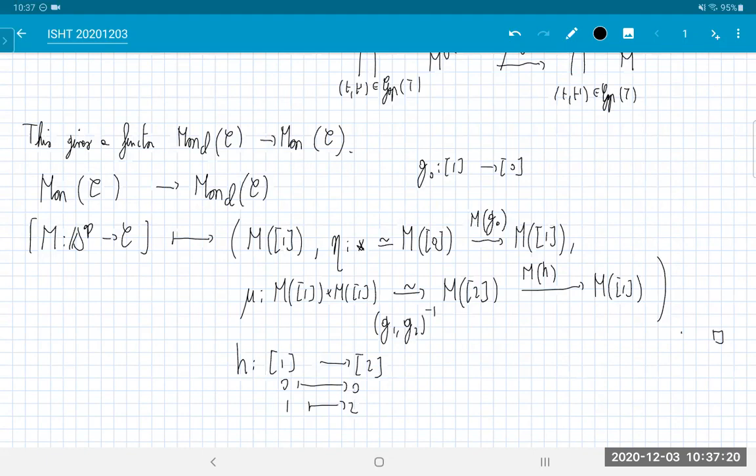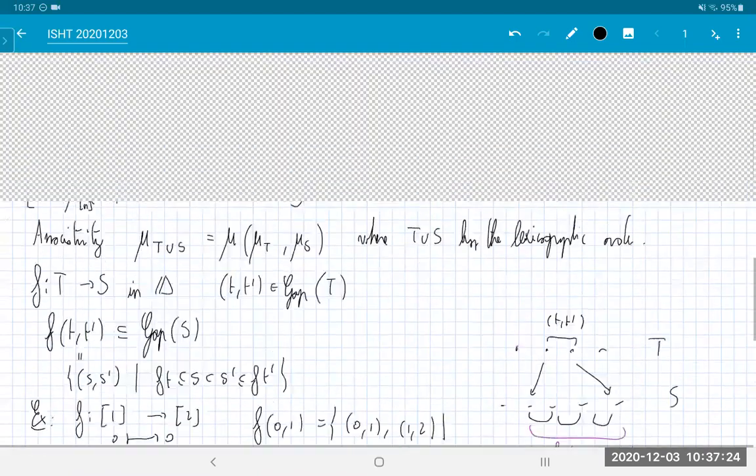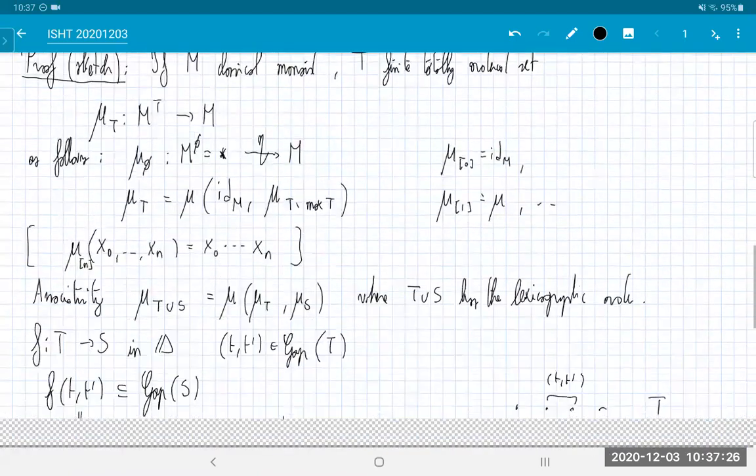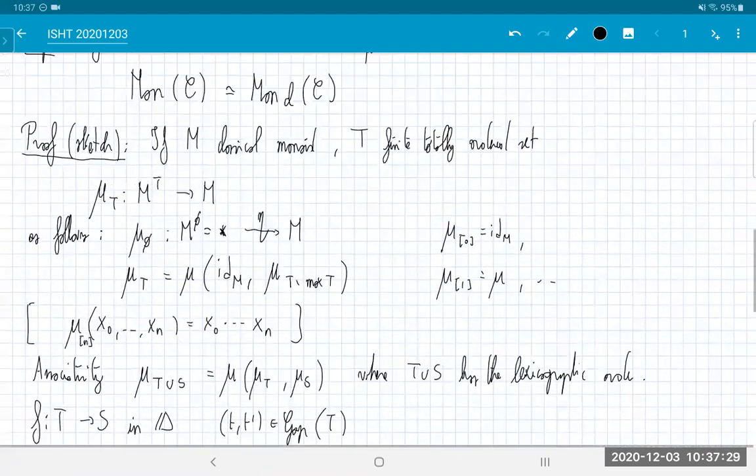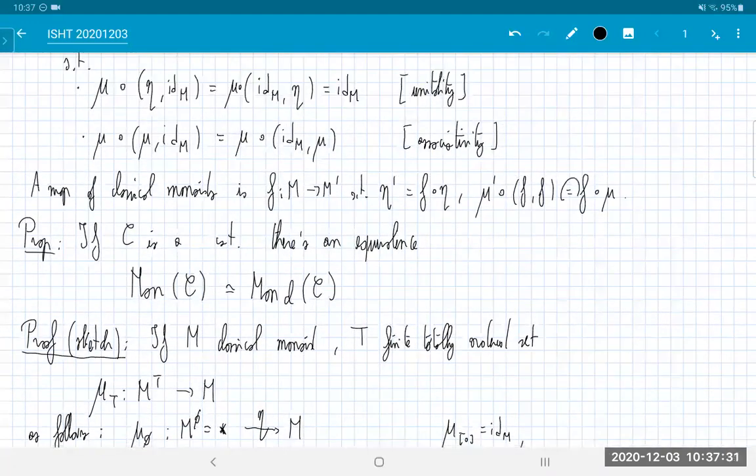So this is the reason why we need this more complicated definition in the infinity categorical world: look at the definition of classical things. Here I'm asking you to have equality between maps. That's problematic in the infinity categorical world.